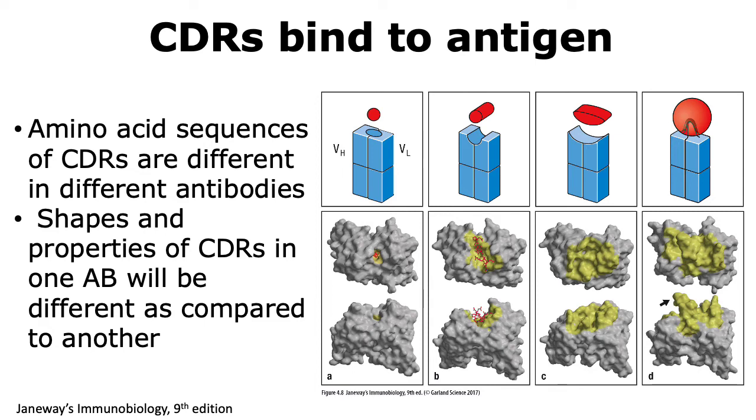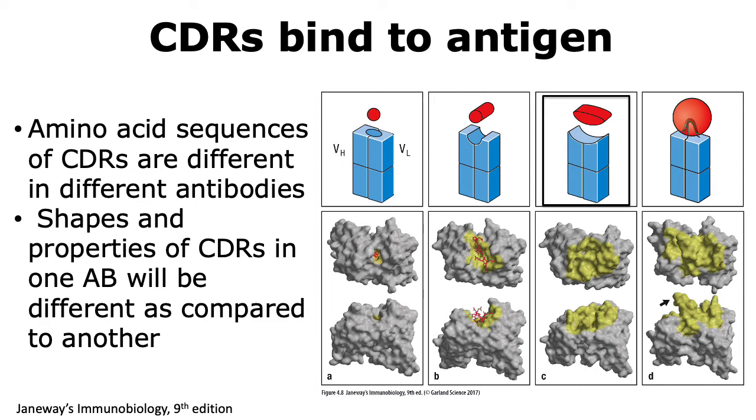And that is what is shown in this figure, where depending on the shape and properties of the CDRs, this specific antibody is able to bind to, let's say, an antigen that is circular. However, in this case, we are seeing that it is able to bind an antigen that looks different.